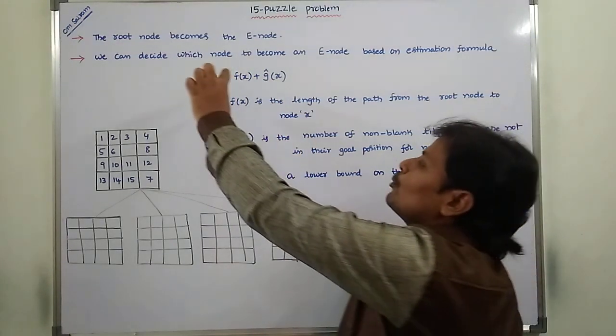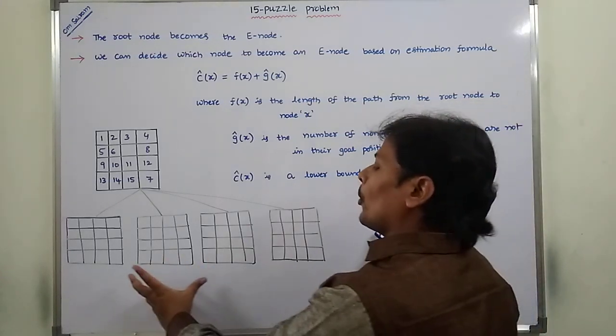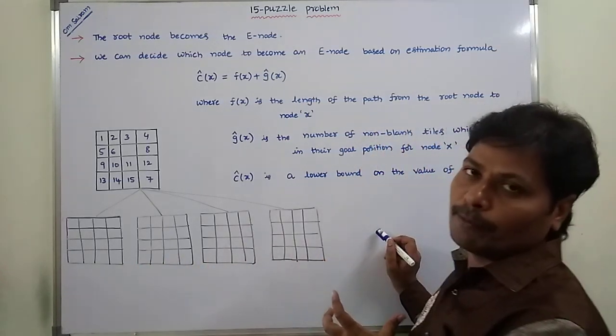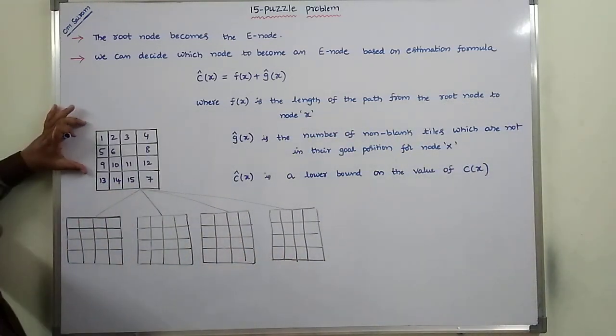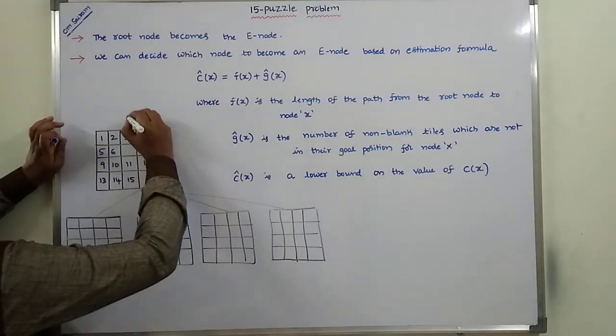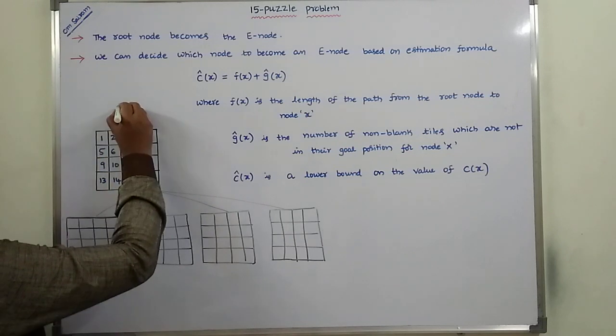By using this formula, we can decide which node becomes the E node. This is the root node. In level 1, only the root node is there. It can be denoted by state 1.